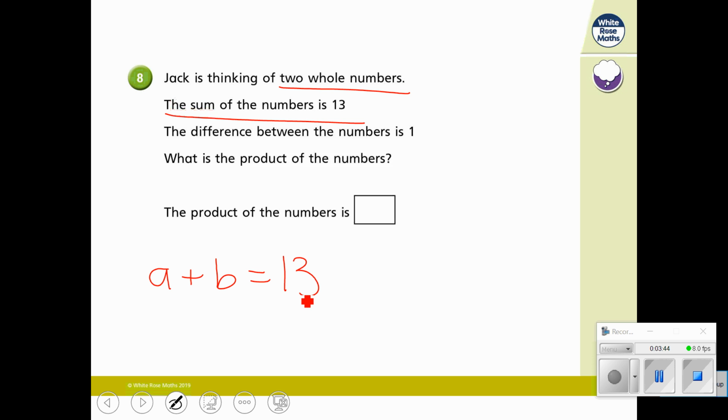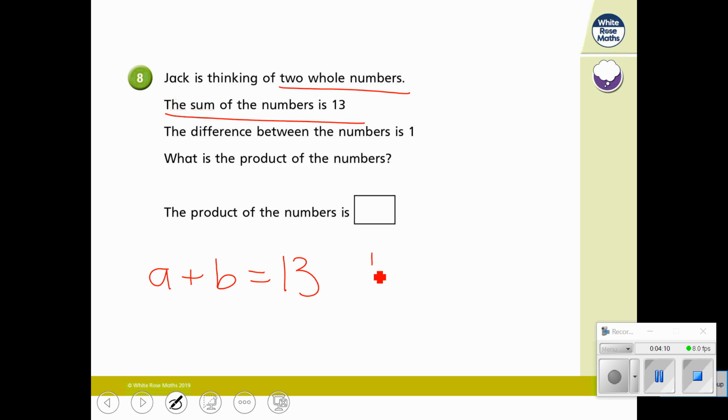Now, that tells me that if the difference of the numbers is 1, there must be 2 consecutive numbers. Remember that from last week? 2 numbers that are next to each other on a number line. So I'm going to say, if the difference between my 2 numbers is 1, I'm going to take that difference off.